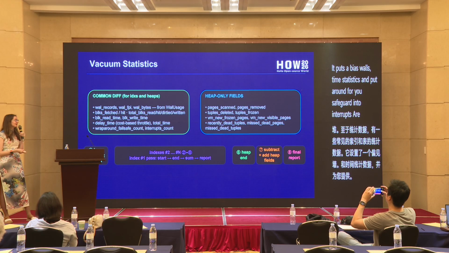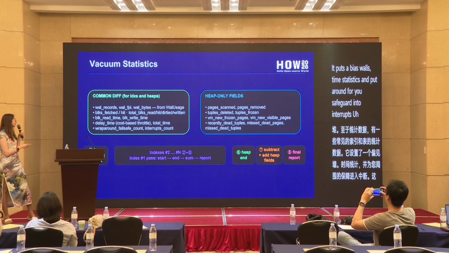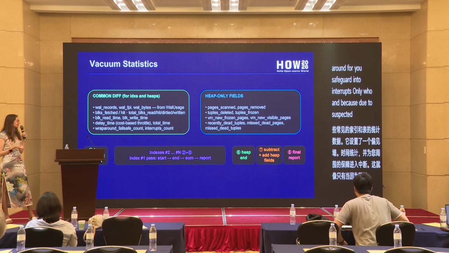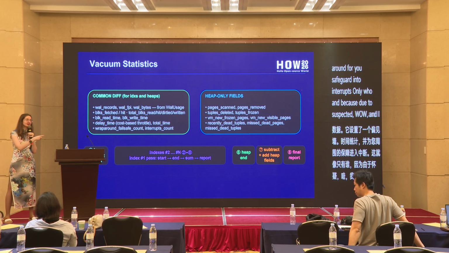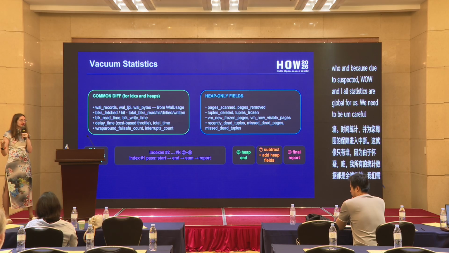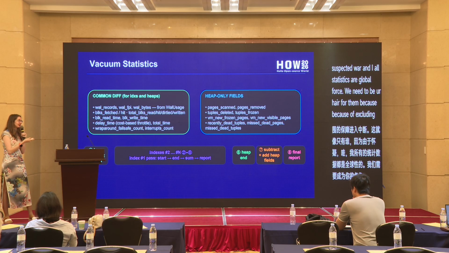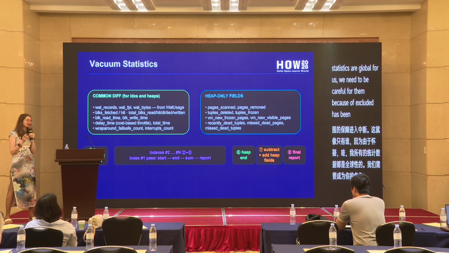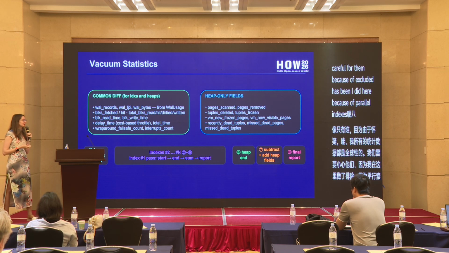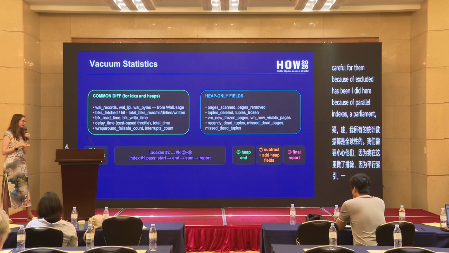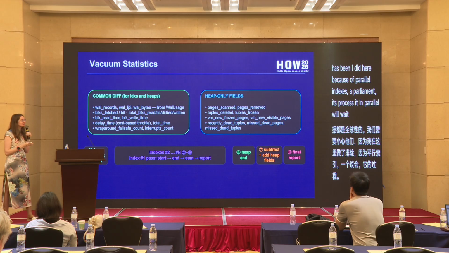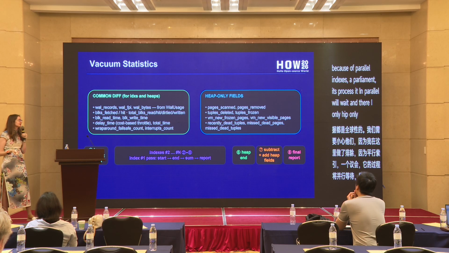Because WAL and I/O statistics are global for us, we need to be careful with them, because an excluded stage has been added here because of parallel index processing, parallel vacuum. It processes in a parallel way. And there are also heap-only fields. It means that they are only for tables.